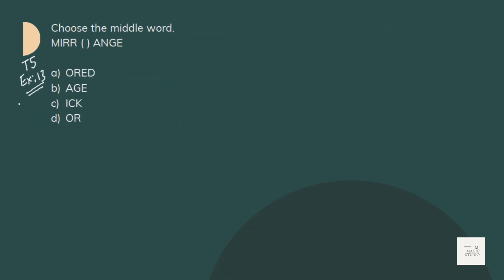Okay, an interesting example, example 13 of the video. Choose the middle word. Out of the given options, we need to fit in something such that MIRR is a meaningful word, and a new word starting with that particular group of letters, ANGE, is also a meaningful word. Here we need to frame two meaningful words by inserting something in between.